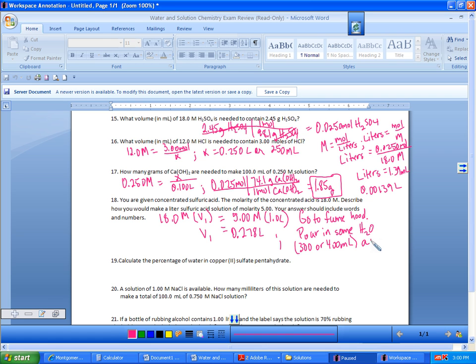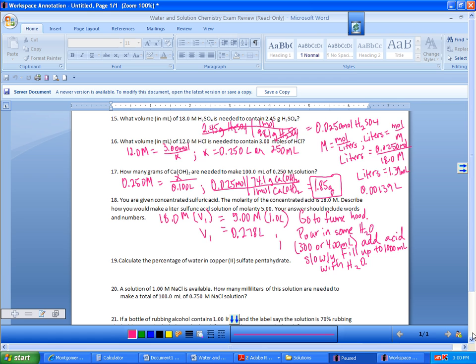Then I'm going to add my acid slowly, very slowly. And then I'm going to fill the rest of the way up to the 1,000 milliliter mark with more water. Stir it up. I'm good to go.